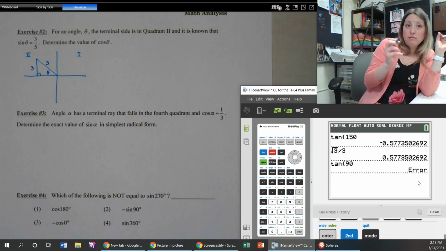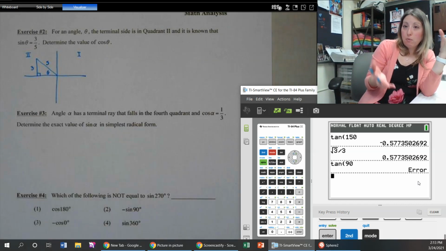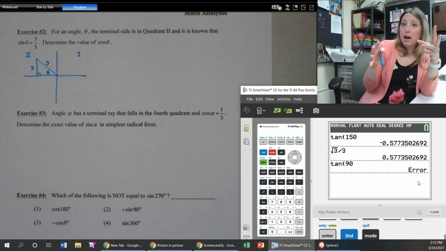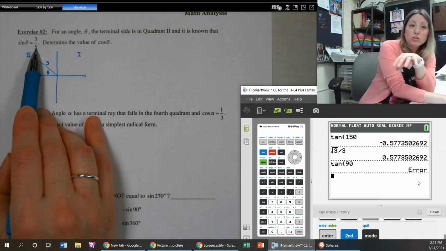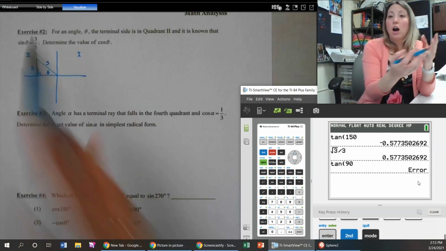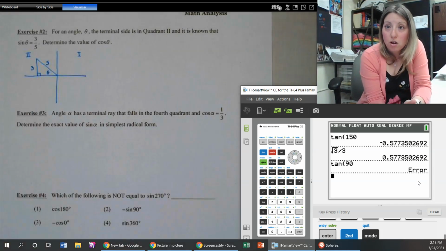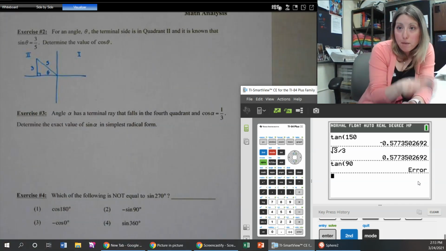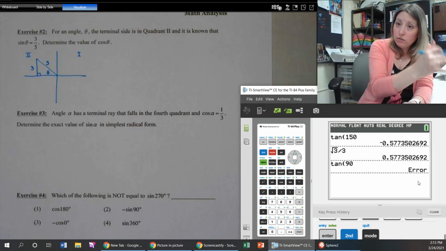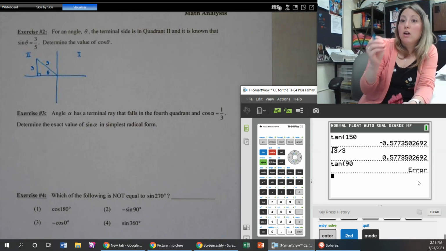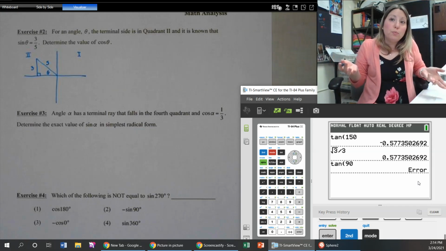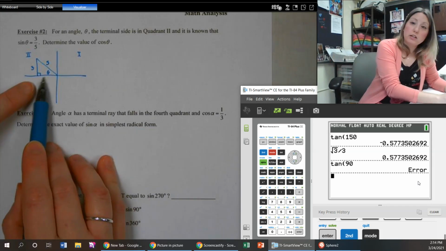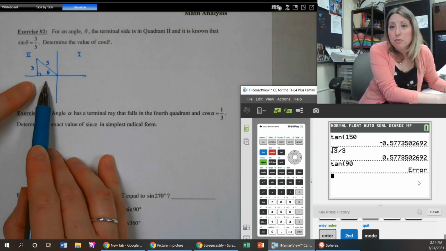Now, what I want you to keep in mind is in quadrant 2, only sine is positive. And look at our answer for it, 3 over 5. I know sine is positive, okay? I'm not being asked the angle measure that gives me this. I'm being asked the resulting cosine. So the first thing I would do so that I know this missing side over here is plug into the Pythagorean theorem.